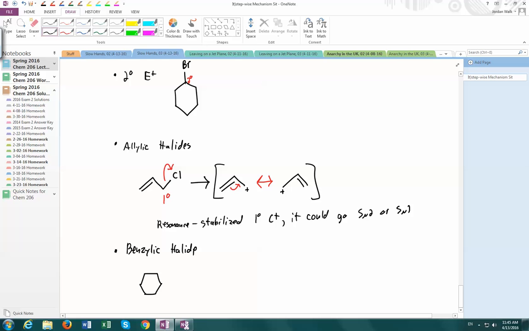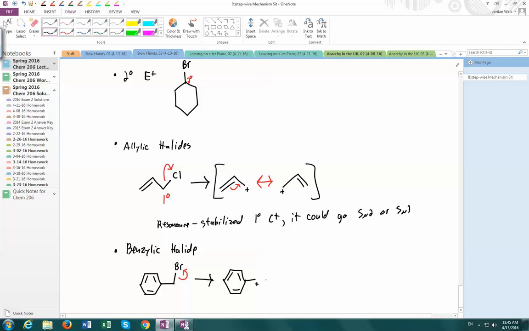And so in a benzylic halide, what we have is we're basically going to have a halogen that's one atom away from a benzene ring. And so if we undergo this process, what we'll end up with is a structure that looks like that.